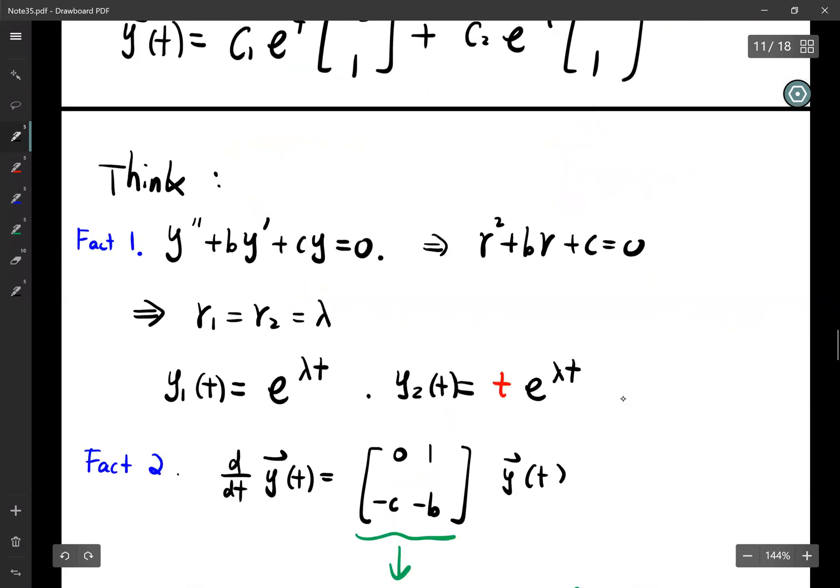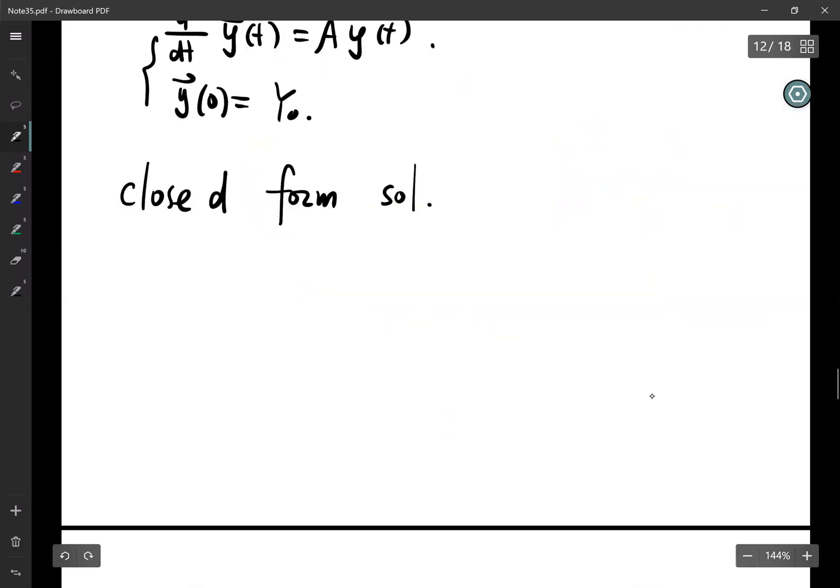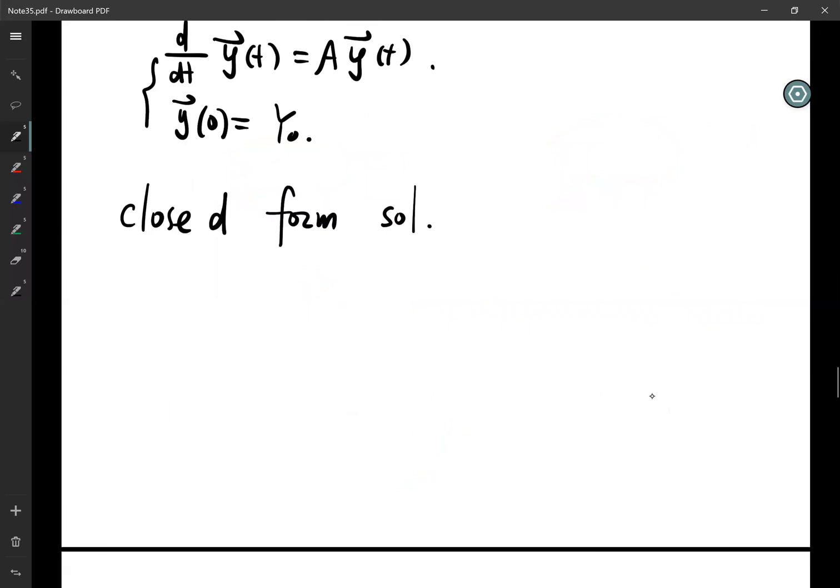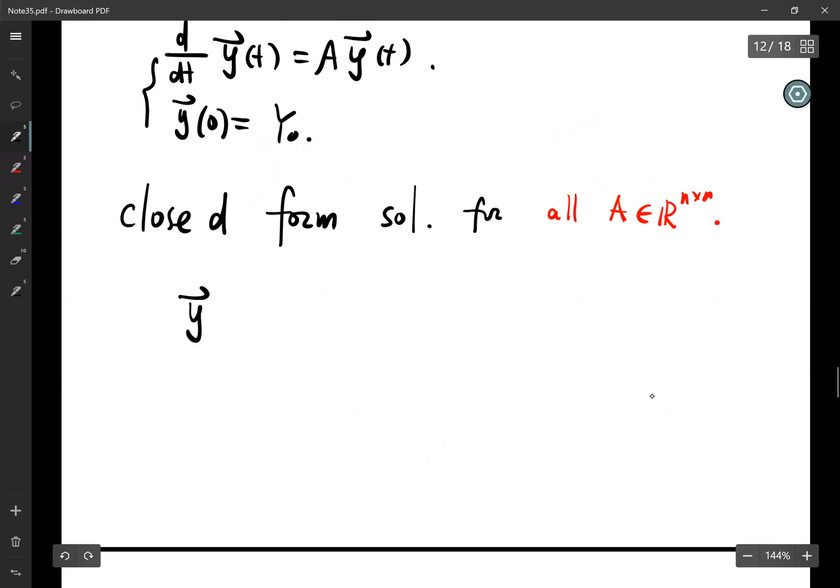And now you tell me that there's a closed form solution for all A. Actually, everything did add up. The solution just looks like this.